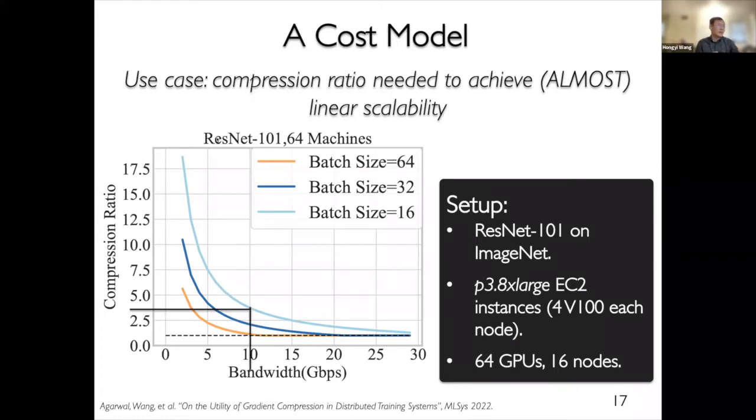For instance, this is a quite standard bandwidth we can observe in a distributed cluster. If we get 10 Gbps bandwidth, we don't actually need such a massive compression ratio. Sometimes just a 3 or 4 times compression ratio will be good enough.